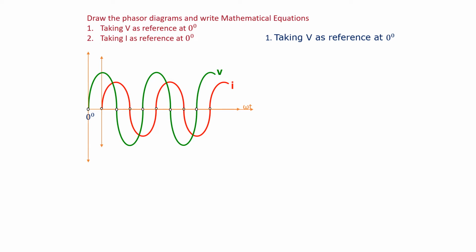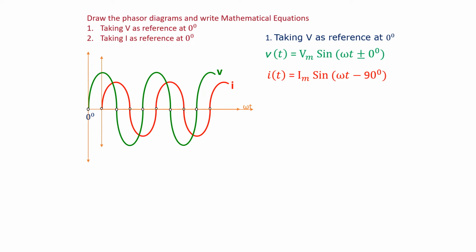Now from the waveforms, you can see the voltage is starting at 0. So its equation is Vm sin (omega t plus or minus 0). The current equation is Im sin (omega t minus 90 degrees) because current is starting after 90 degrees.